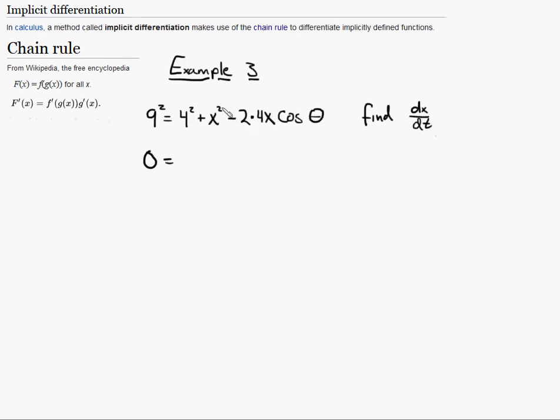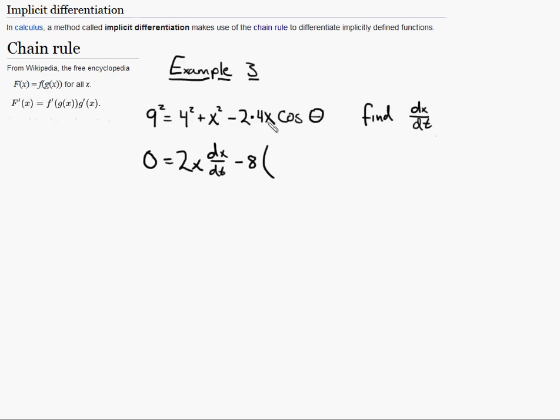The x does possibly vary with respect to t, so we have to take the derivative there, use the chain rule, dx/dt, minus 8 times this thing right here, which we're going to have to use the product rule on. So the first one is with respect to x, so the derivative of this part times this part.